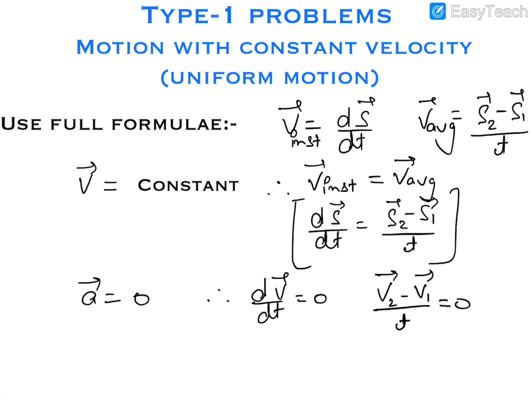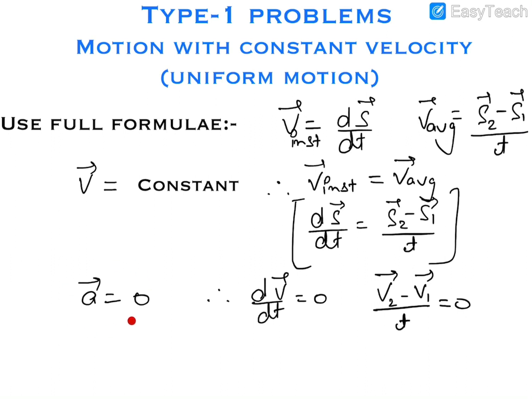So we know that the instantaneous velocity is ds by dt. The average velocity is s2 minus s1 upon time taken. And if velocity is constant, then we know that instantaneous and average velocities are the same. Now if these two are the same, then ds by dt would be equal to s2 minus s1 by time.